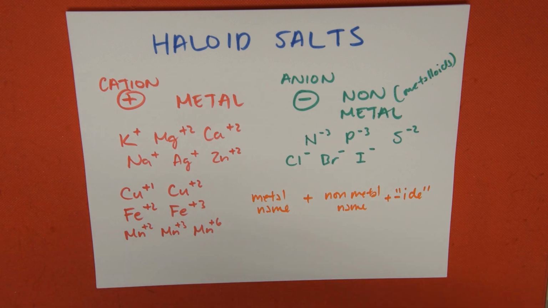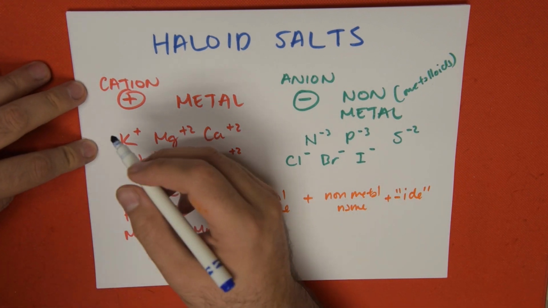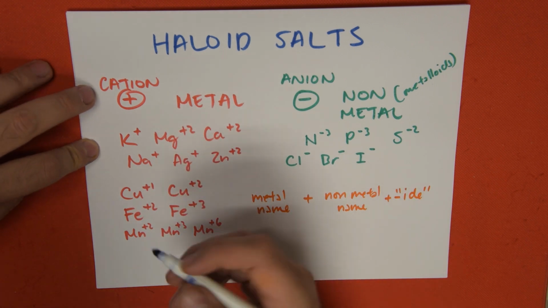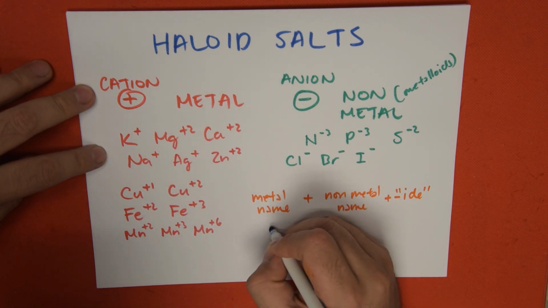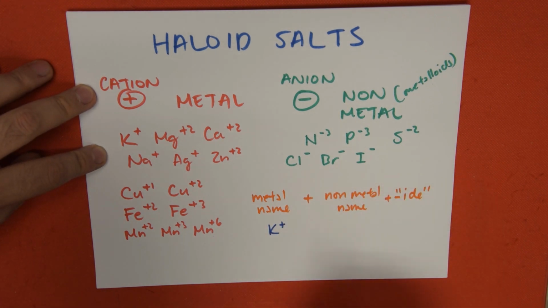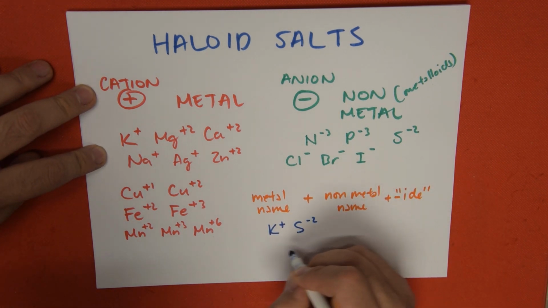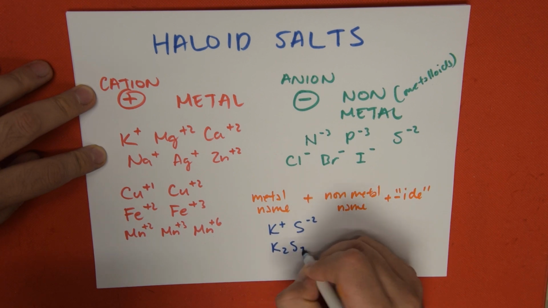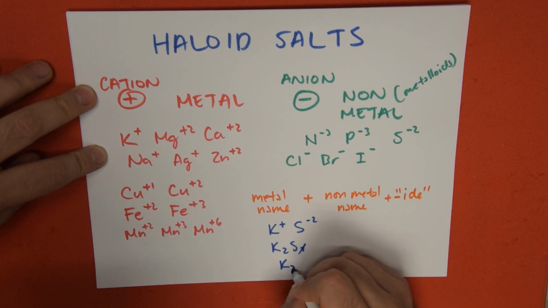Okay? So in this case, let's try an example. We choose a metal which only has one valence, such as potassium. So we take potassium, which is +1, and we're going to choose sulfur. Sulfur is -2. We do our crisscross, K2S1, but we simplify into K2S.